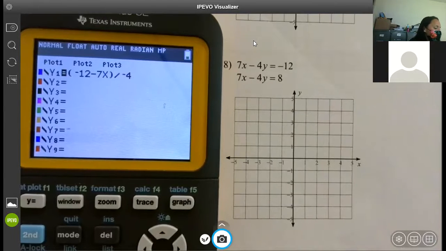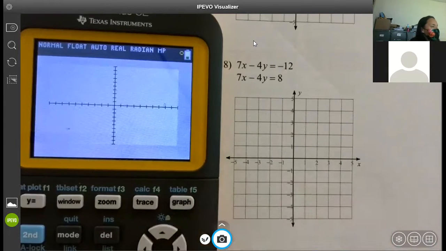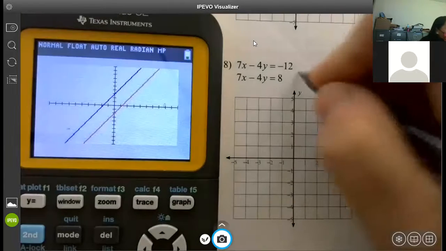All right, on the next one, parenthesis. 8 is on the end. How do I move x? And then what am I dividing by? What's with y? -4. I want to graph it to see if it even crosses. Watch it. So what is this one? Parallel, no solution.